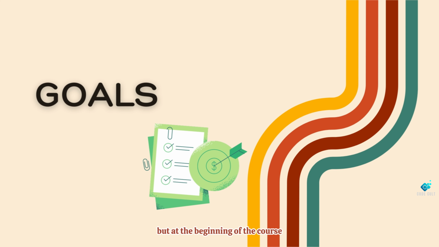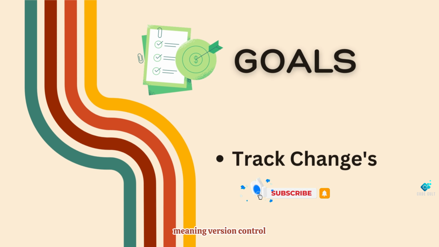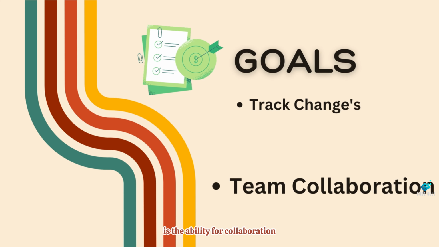But at the beginning of the course, we said that we want to be able to do the following things. First of all, we want to be able to track the changes, meaning version control, and that's something that pretty much can be done using Git. But also what we wanted to have is the ability for collaboration. We know that if you're going to work on some big, complex project, you're not going to do it alone.